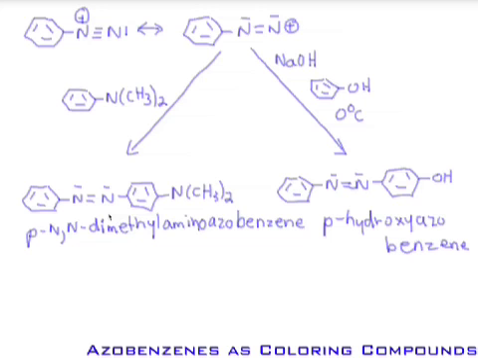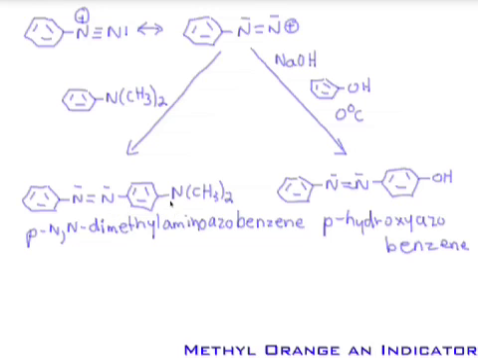Color in paints, color in dyes, color in our clothing. And molecules of this type are very important in that area. Some are used as indicators. For example, a compound called methyl orange looks like this.